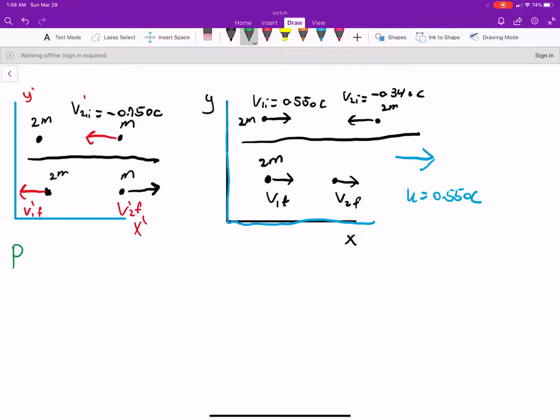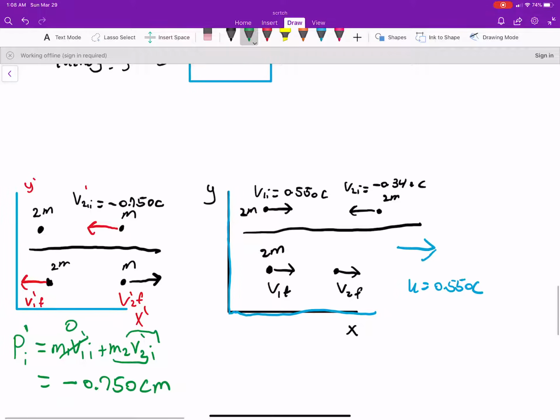Momentum initial, using the prime notation, is just m1 v1 prime initial plus m2 v2 prime initial, where the first one is not moving, so this is just 0. And then here we just have minus 0.750 c m, the speed and the mass.